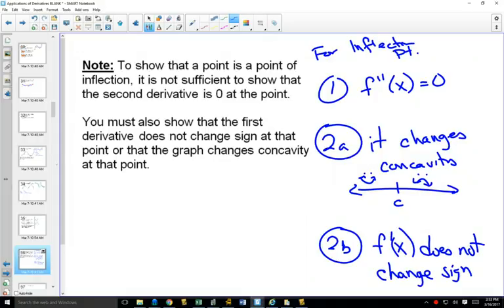Because the times where the second derivative is equal to 0 and it's not an inflection point are usually where it's a maximum or a minimum. I find a lot of people like this way to show an inflection point easier than showing that the first derivative doesn't change sign.